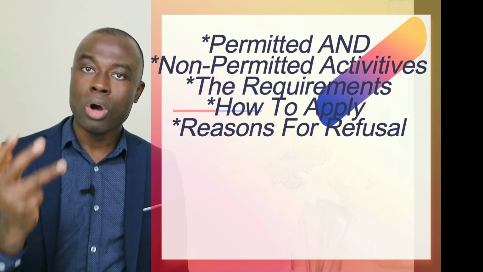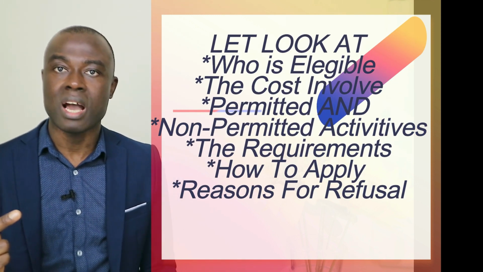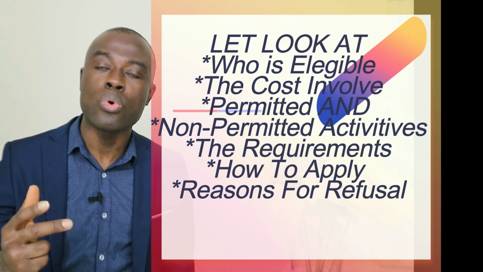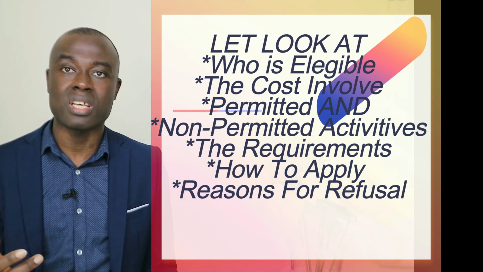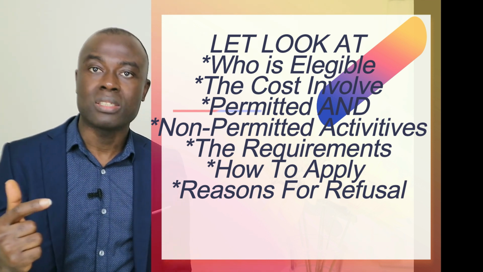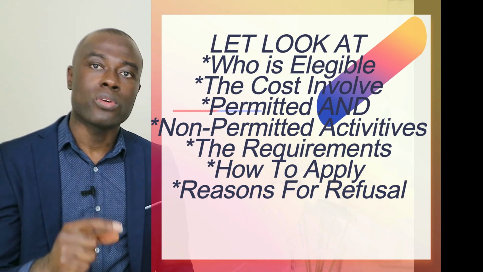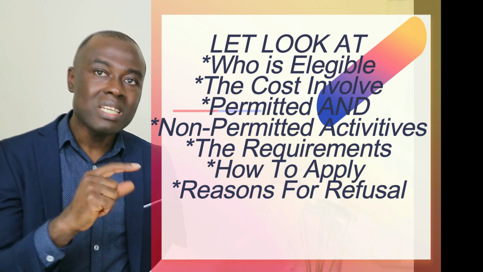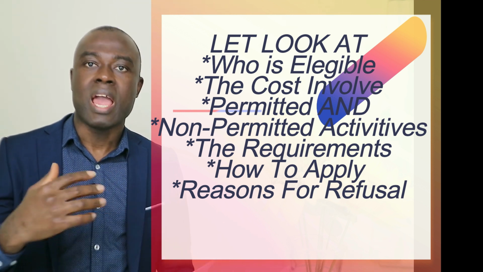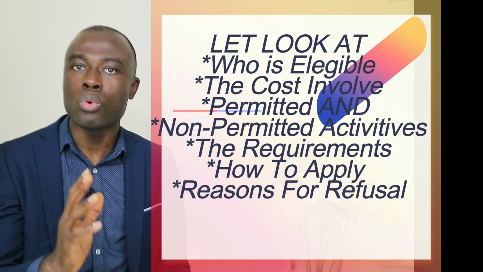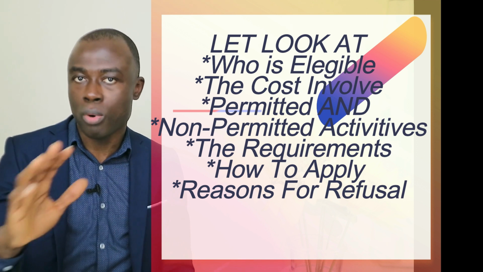Now in this video, I will cover the eligibility, that's who is eligible, the cost involved when applying for this visa, some permitted and non-permitted activities for people who have the UK Standard Visitors Visa. The requirements here I'll break it down into applying for Standard UK Visitors Visa independently by yourself, and also applying for a Standard UK Visitors Visa when somebody who is already living in the UK is sponsoring you.